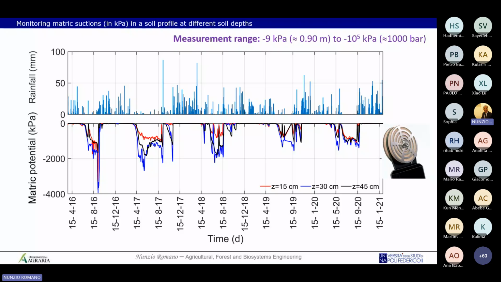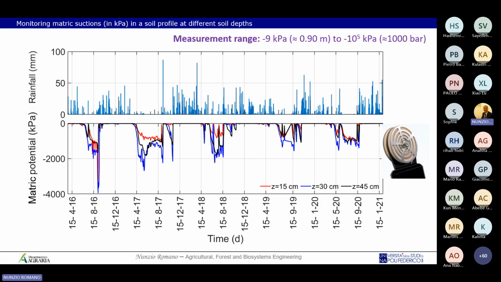In our observatory that I showed you last time, we have these sensors located at 3 different soil depths, and you see the measurement of matric potential.